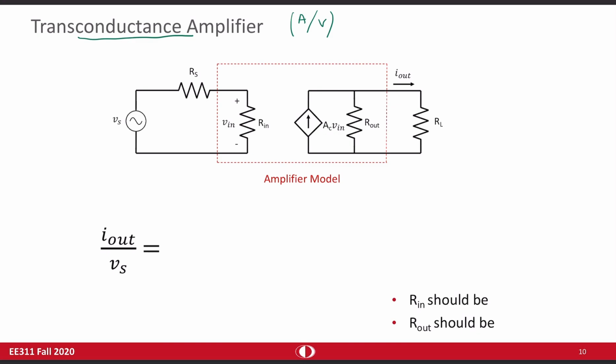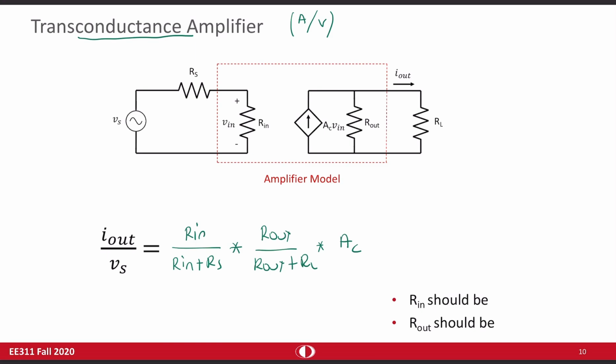So when you write the expression, again by resistive divisions, you can write it like Rin divided by Rin plus Rs times Rout divided by Rout plus RL times the transconductance gain, and the unit is amperes per volt, and it should be consistent all the time.